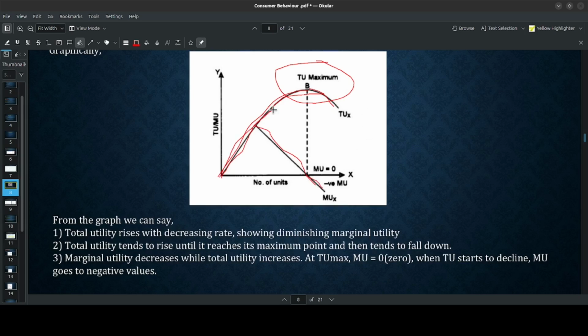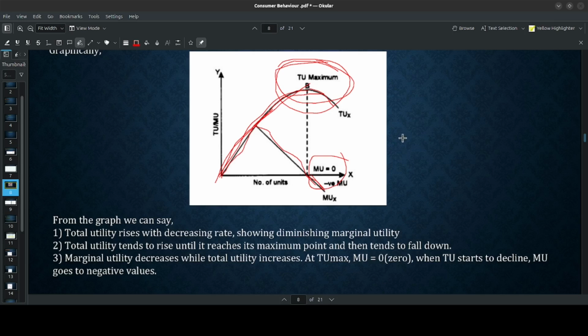To recap: first observation, total utility increases at a decreasing rate. Second observation, when total utility is at maximum, marginal utility is 0. Third observation, total utility increases until it reaches the maximum point, and when total utility is decreasing, marginal utility is negative.